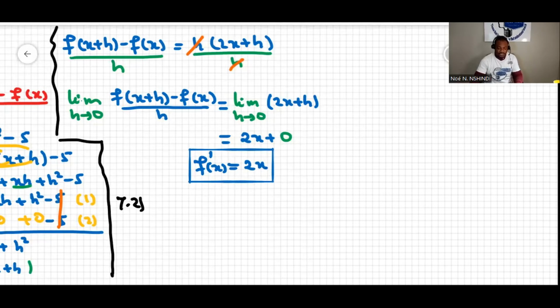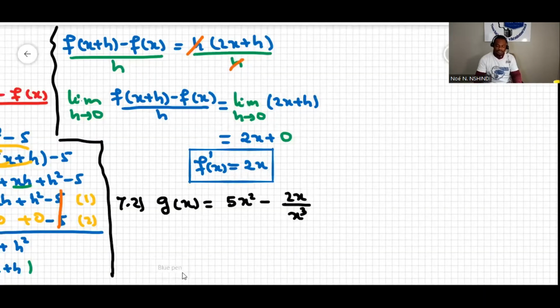We want to find the derivative of g of x, and g of x is given by 5x squared minus 2x over x to the power of 3. Now, to work out the derivative of these types of functions, it is important to use some laws of exponents to transform the function before differentiating it. So in this situation, I'll start by simplifying this function.